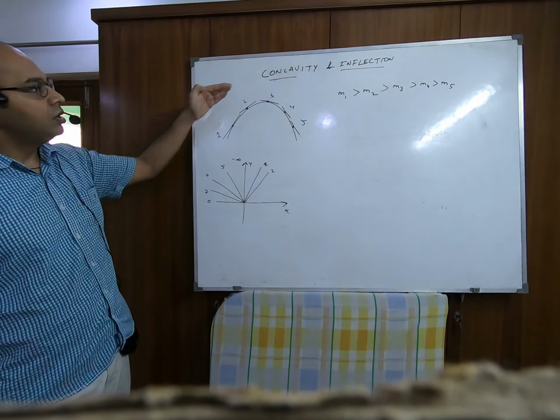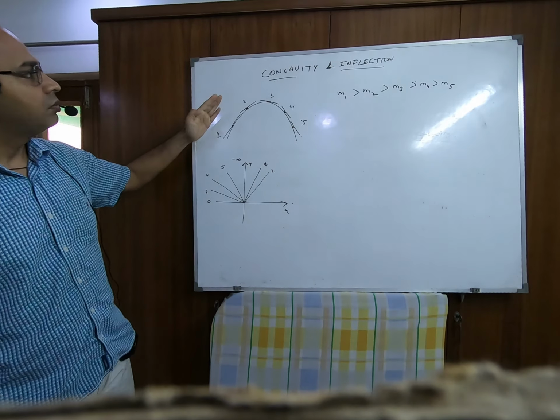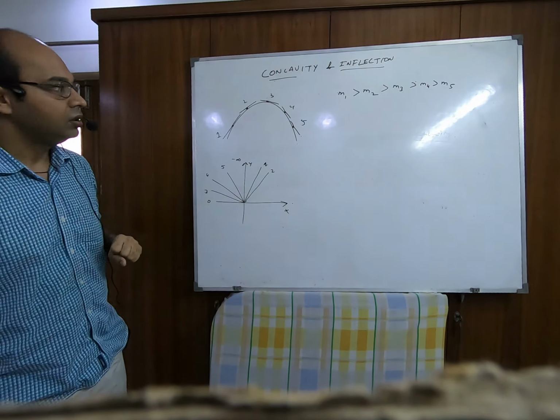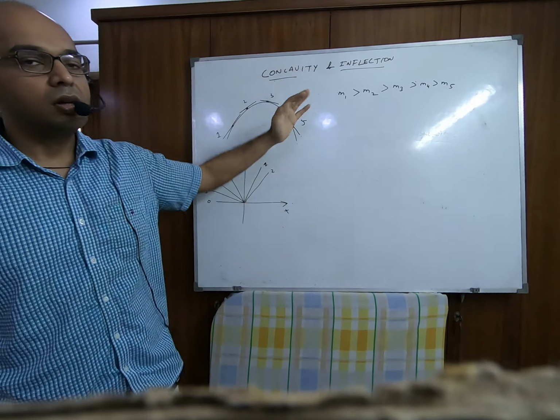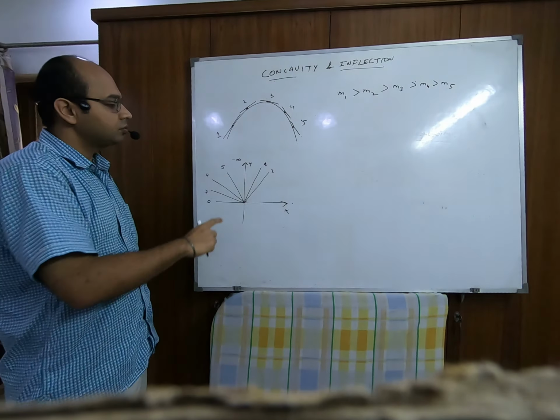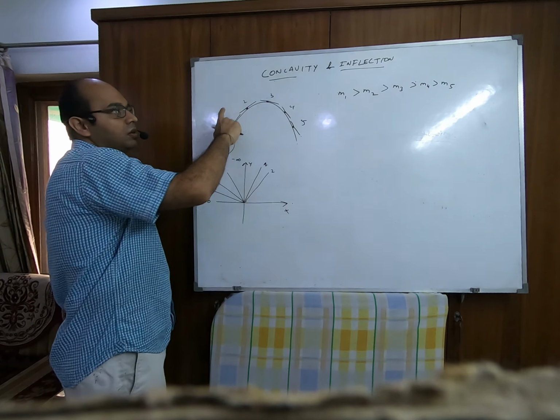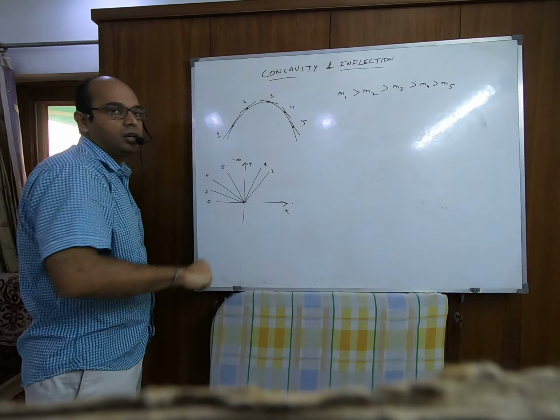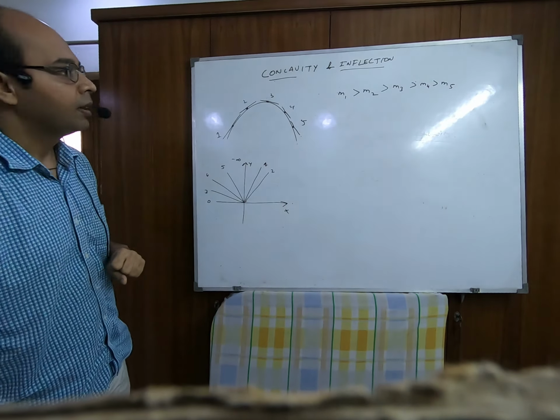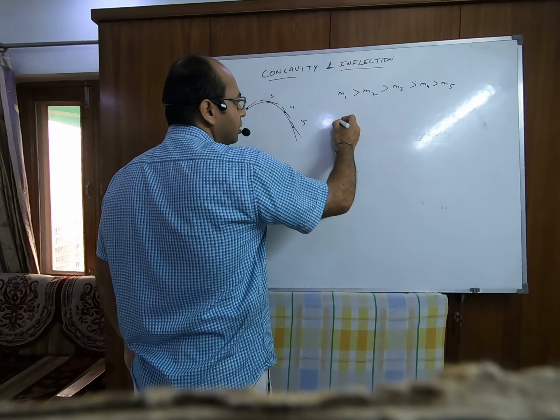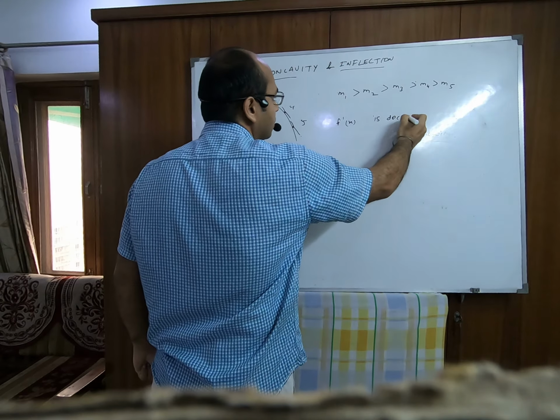So there is a peculiar pattern that we are seeing: the slopes of these tangents, what are they doing? They are decreasing. Right, first M1 came, it was the largest, then everything after it is smaller, then smaller still, and so on. This means the slopes of the tangents are decreasing. So I can say f dash x is decreasing.